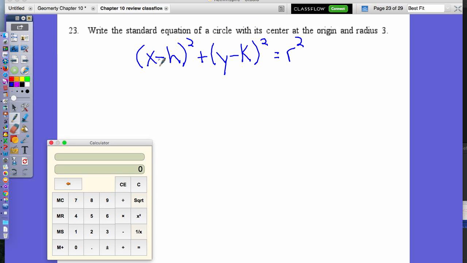Since my origin is 0, 0, x minus 0, which is the x coordinate of the center, would just make x squared, plus y squared, because k is also 0, and y minus 0 is y. And the radius is 3, so 3 squared is 9. So it's x squared plus y squared equals 9.